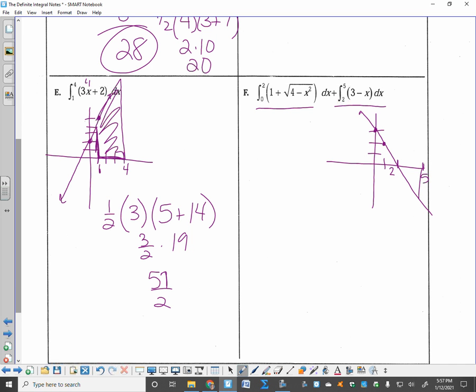Okay, so looks triangular. So 1/2, base is 3, and at 2, actually it's not at 0, it's at 1. And at 5, it's down here at -2. So if he's at 1 and -2, then his height is 3.